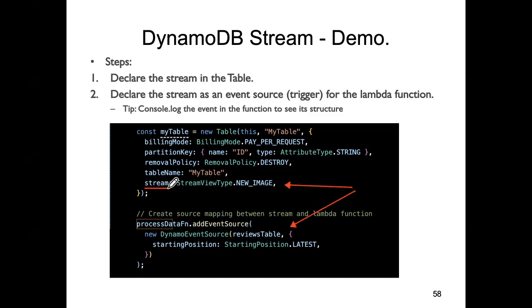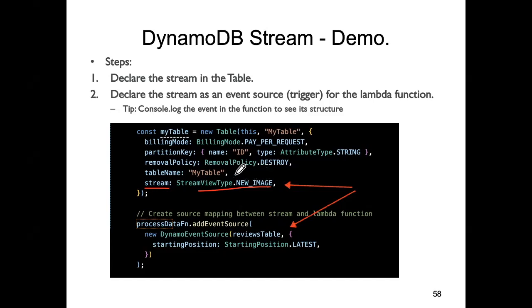Now, what goes into that log is being controlled by what you're specifying here. And what I'm saying is I want the new status of the item that has either been added or changed. I want its new status to be recorded in the DynamoDB stream.